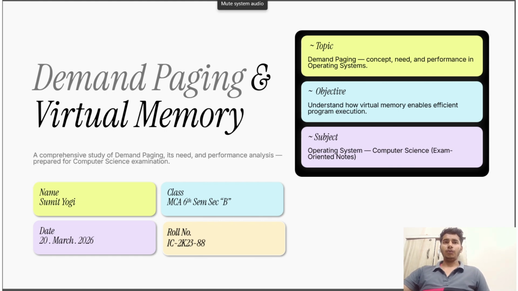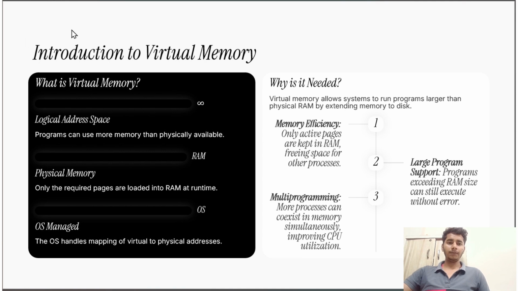Introduction to virtual memory. So first of all, what is virtual memory? Virtual memory is an extended version of RAM. RAM is a storage where the process and the system program runs, but there are some programs in the system which exceed the limits of RAM.